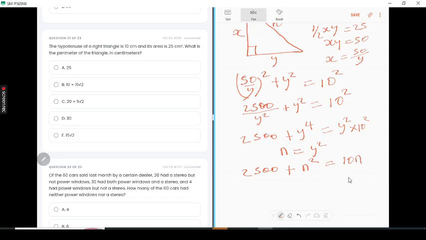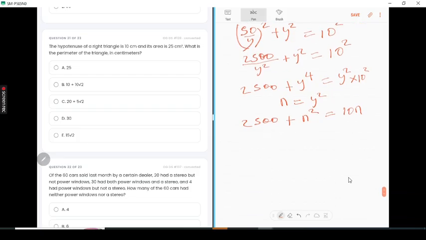Let's make this a full-blown quadratic equation. N squared minus 10n plus 2500 equals 0. What can we multiply to get 2500?